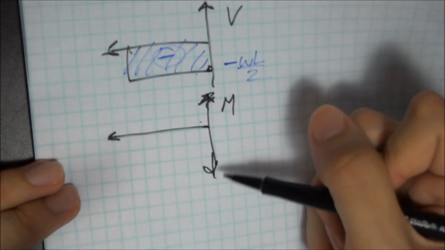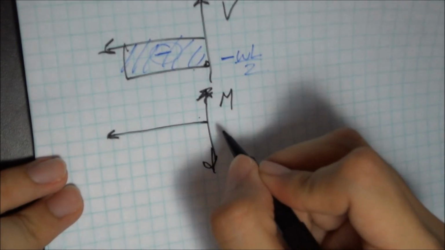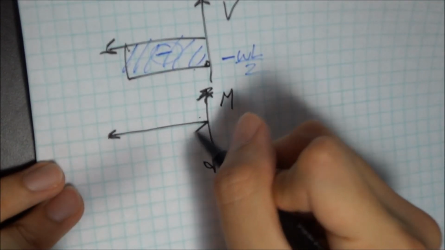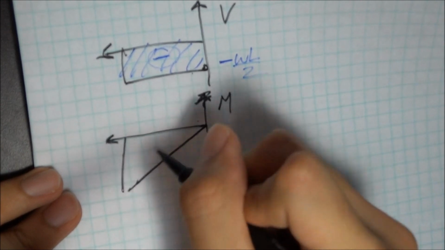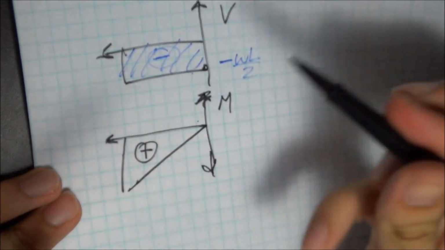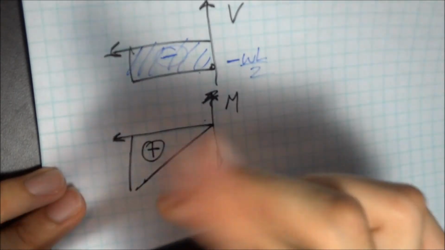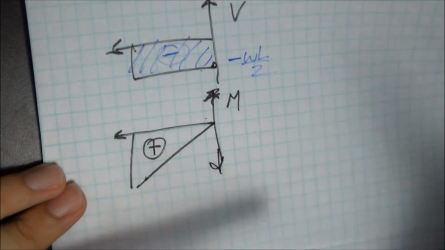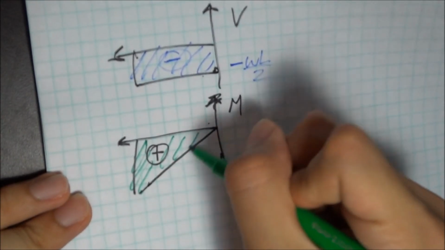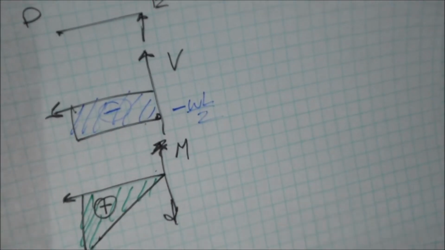My positive is downwards here, right? Because my arrow is downwards. So when I do this, I should get something that looks like this. That is my positive graph. Okay, so that's all good.